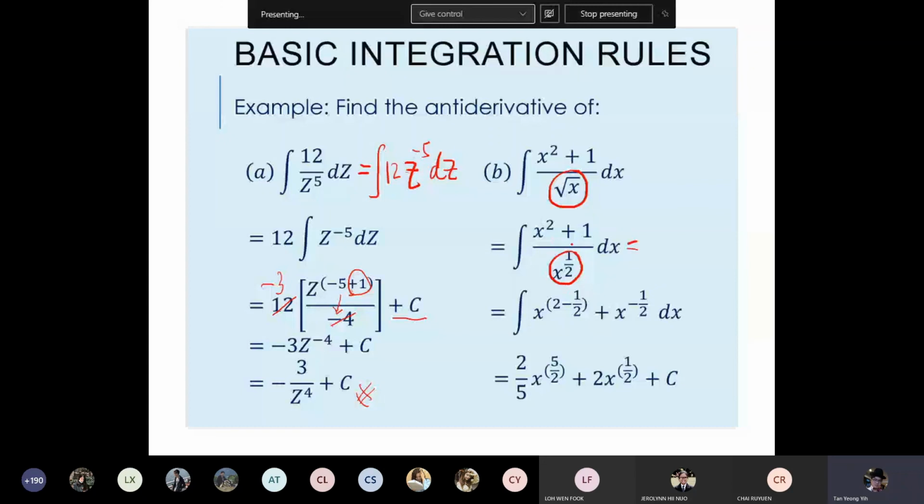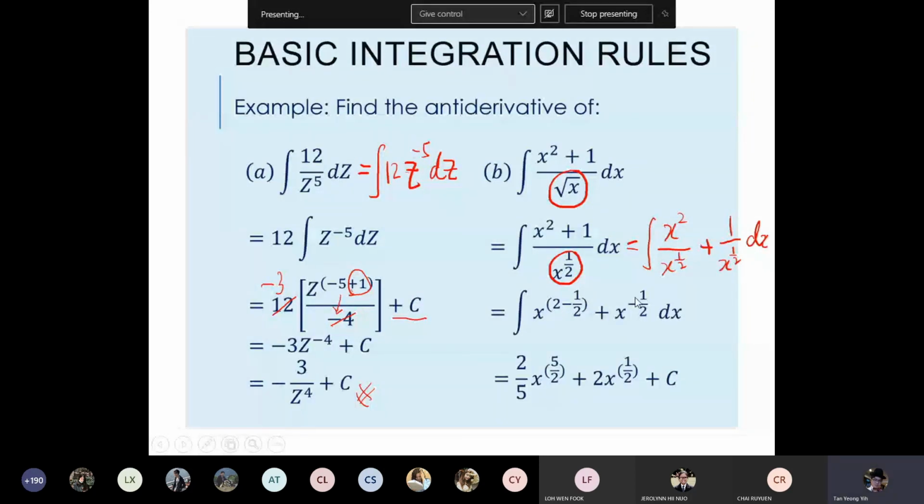After that, we split this into 2, since this is the denominator. Divide we can change to minus, so we have 2 minus 1 over 2. And for this one, we bring the x up, it becomes negative 1 over 2, the power.